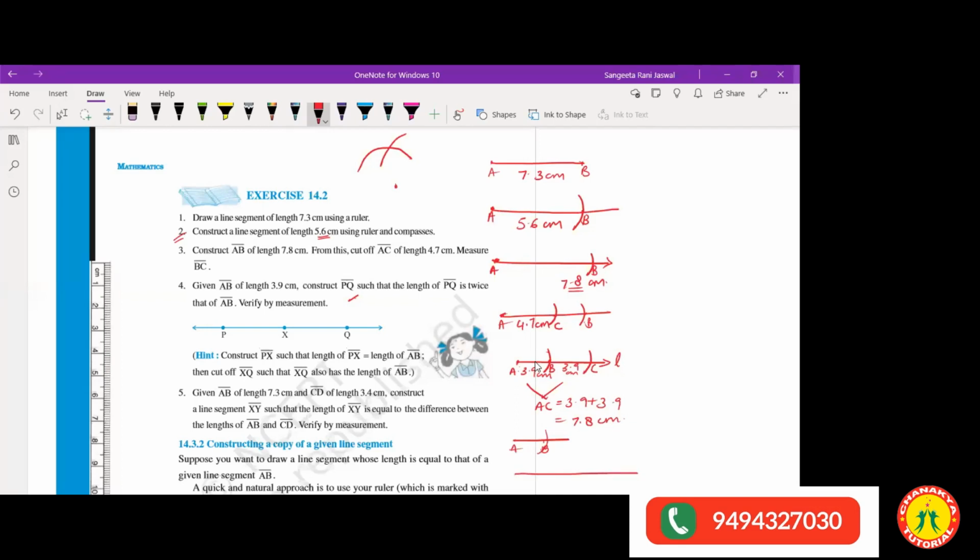Then make another line. Keep a point here at P, 3.9, and then again 3.9, and mark this as Q. So what they are saying in the question is to make two different lines. I have shown you on a single line itself, but AB is different and PQ is different.